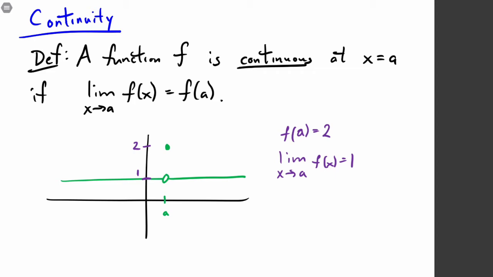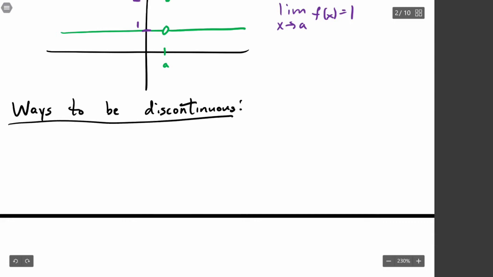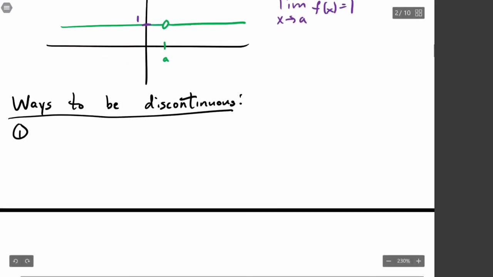So we can be discontinuous in a couple different ways. So, ways to be discontinuous. Think about what a graph could do that would make you have to pick up your pen. Well, we could have something like we did in this last picture.